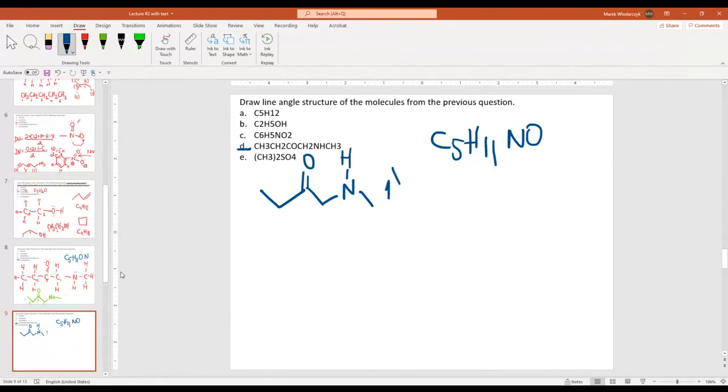This is our first molecule that we were able to draw with this general formula. Can you draw another molecule that will have the same molecular formula?